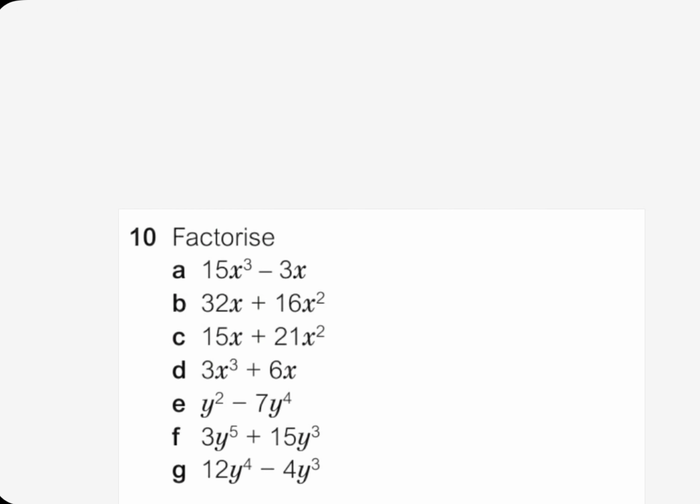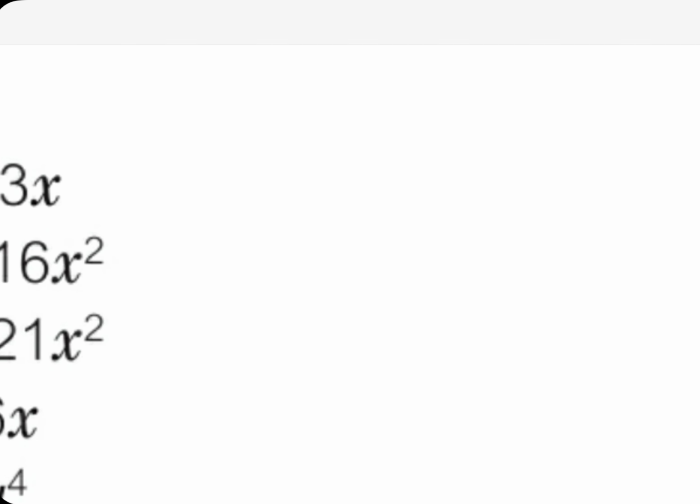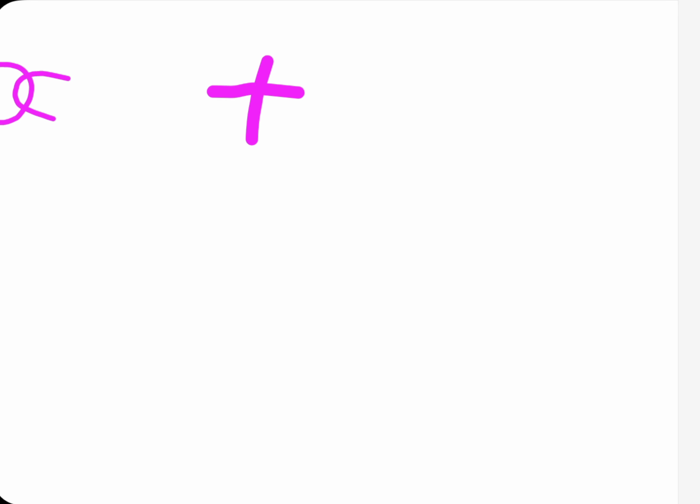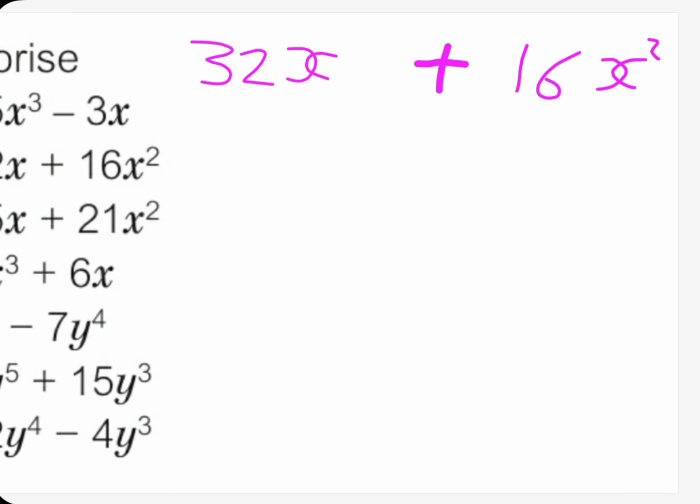Now we have 32x, and then a positive sign or plus, and then we have 16x squared. What's important is that we write the positive sign in the middle, and then we start opening the numbers, the variables, and the constants.